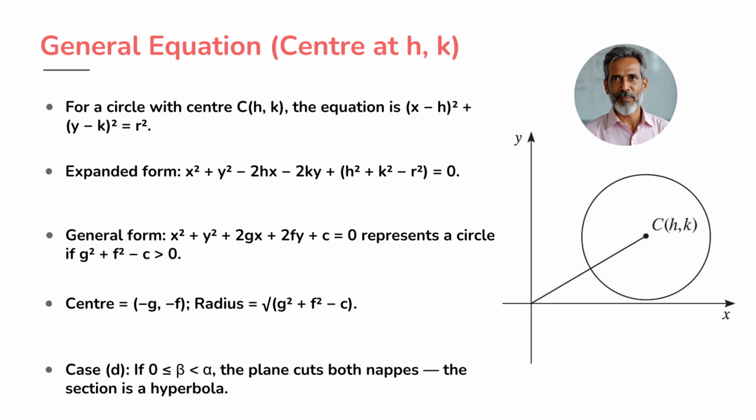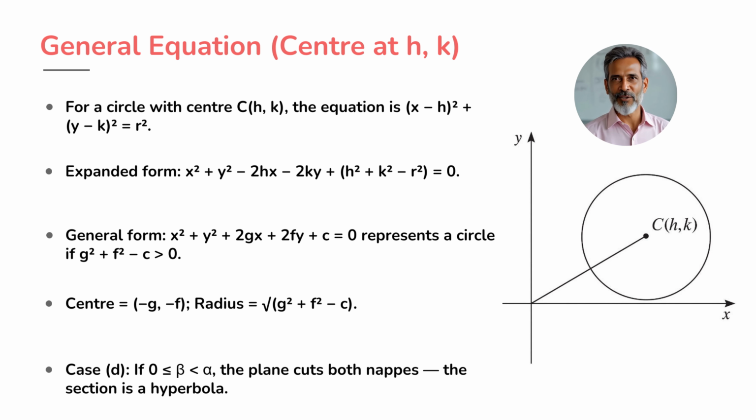Now, let's expand this equation step by step. When we open the brackets, it becomes x squared plus y squared minus 2hx minus 2ky plus h squared plus k squared minus r squared equals 0. In general, we can write any circle in the form x squared plus y squared plus 2gx plus 2fy plus c equals 0.